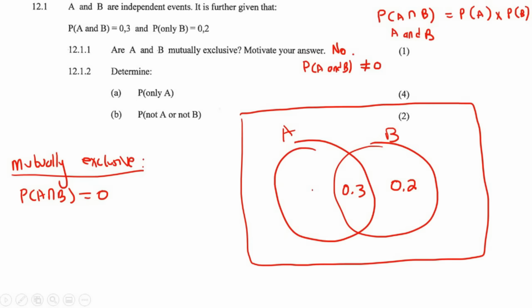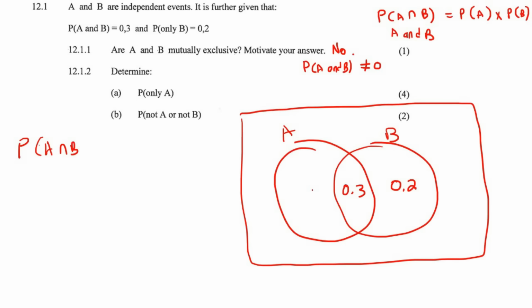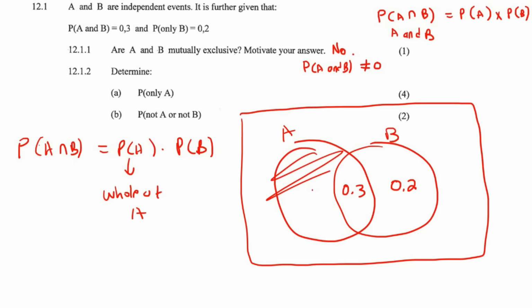So to work out probability of A, we could use this formula over here, because they told us that these events are independent. But remember that when they say A, they are meaning the whole of A. So that's all of this.